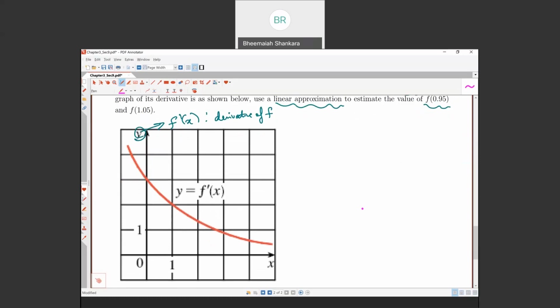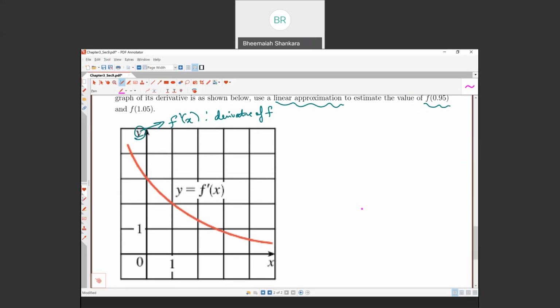I want you to read the derivative graph carefully. Again, we all understand the y-axis is not the usual y, but if you read any value, it's the f prime value. This particular graph is your f prime function, and the x-axis is x itself. Exactly at 1 on the x-axis, I want you to read the y value, which means the f prime value, which is 2.